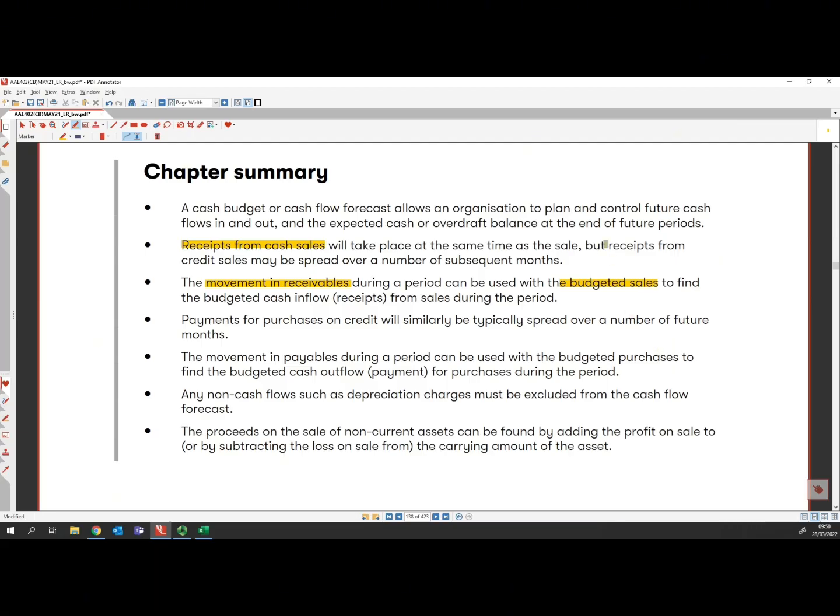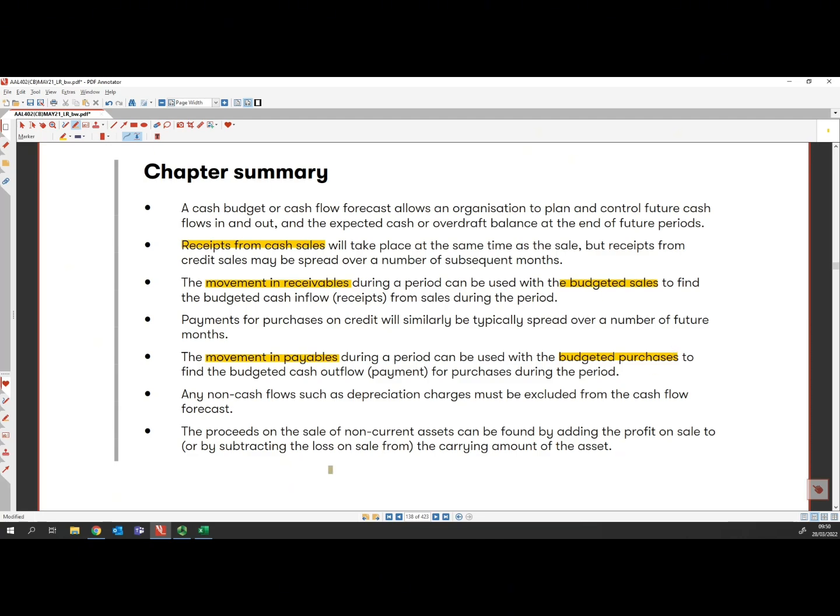Likewise, we can calculate the budgeted payments for purchases by looking at the movement in your trade payables in conjunction with your budgeted purchases, and that will allow the calculation of the purchase outflow.